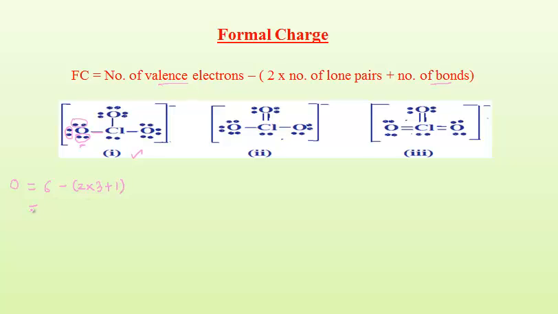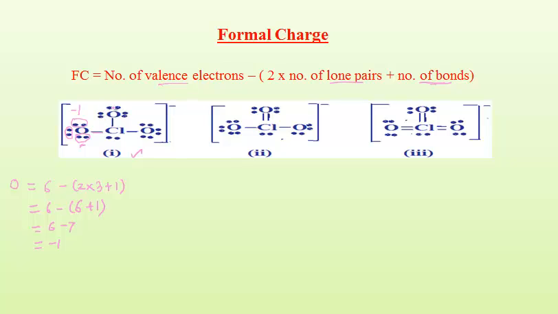Now we can do the calculation. 6 minus 2 times 3 is 6, plus 1, so we have 6 minus 6 plus 1 is equal to 7. Here we get minus 1. Well, the formal charge on this oxygen atom is minus 1. Remember, atoms with the same number of lone pairs and the same number of chemical bonds share the same formal charge.